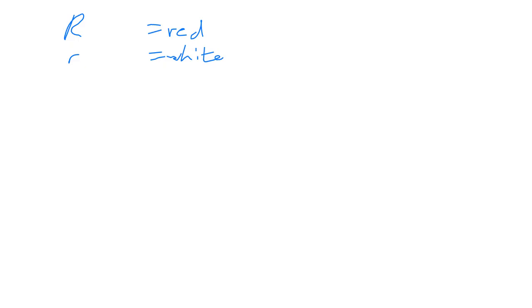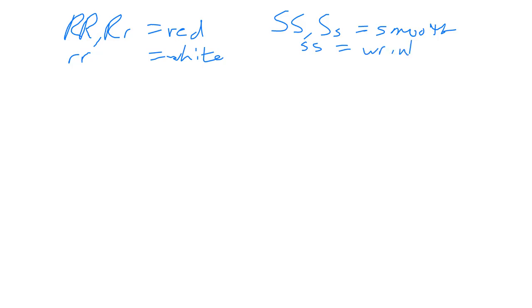We know that big R is dominant to little r, so if you're homozygous or heterozygous, you have red flowers. You have to be homozygous recessive to have white flowers. And then for the seed coat, we just did that. Smooth, and you have to be little s, little s in order to be wrinkled. All right, so we wrote down all the stuff that we know.